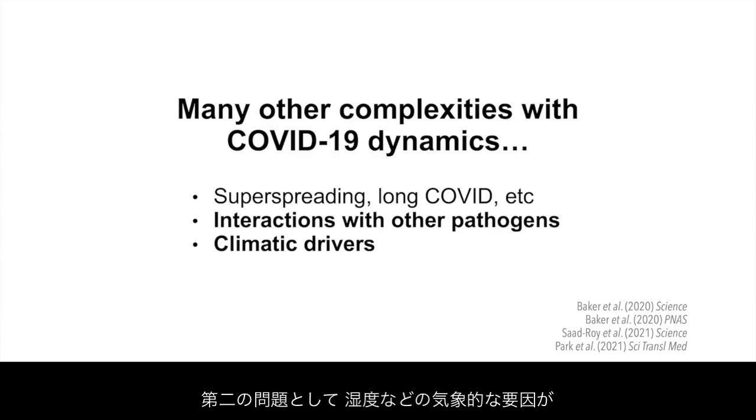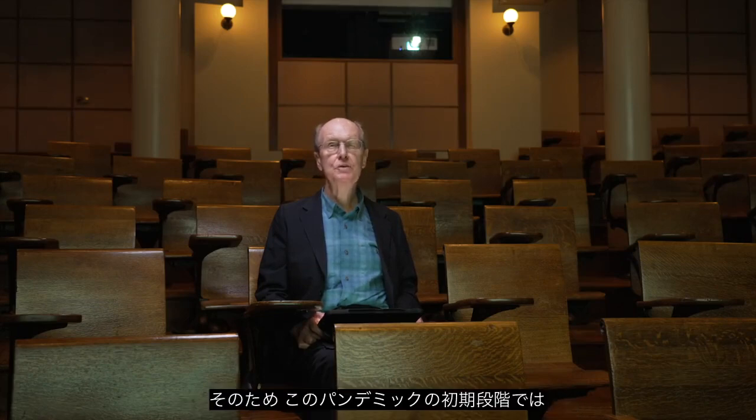Second, we have been exploring the impact of climatic drivers such as humidity on viral transmission. To cut a long story short, when there are a large number of susceptible people, we expect to see a relatively small impact of climate. So we didn't expect to see large seasonal fluctuations in the very early stages of the pandemic.